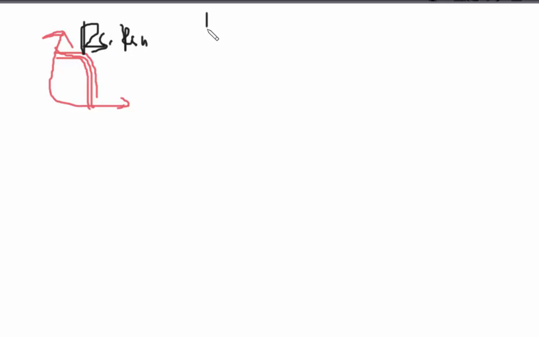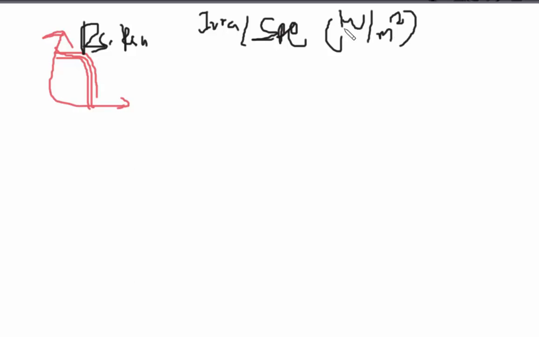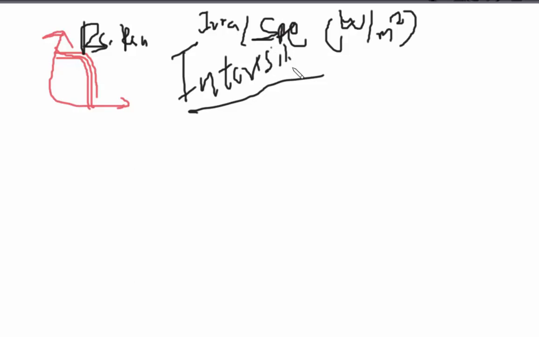Now we will see the effect of light intensity or irradiation or spectral density. It is measured in watt per meter square. Okay, so how this light intensity will affect my solar cell, we will see that one.